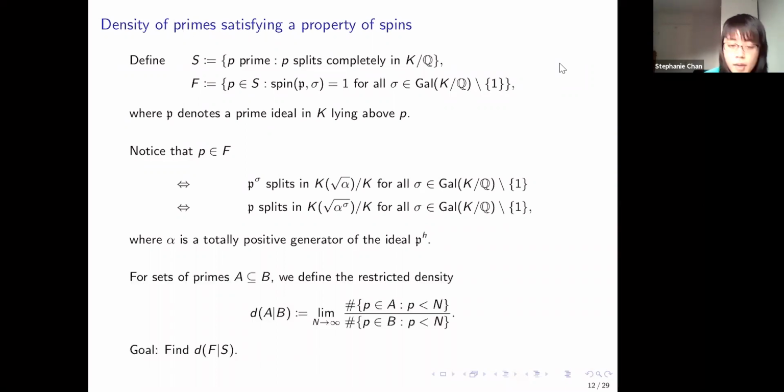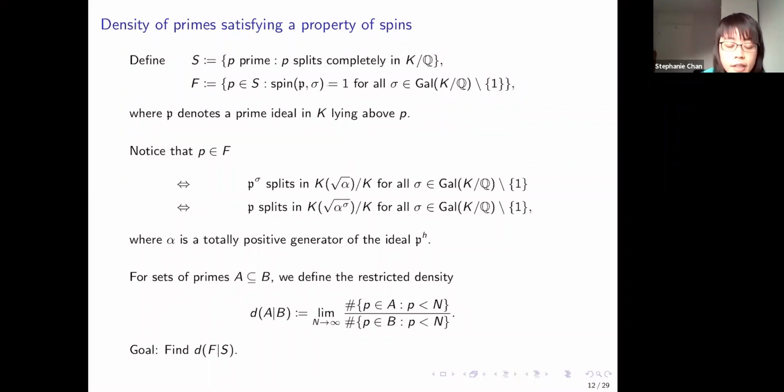Okay, so I will write the density of A relative to B, A and B being sets of primes usually, as D here.